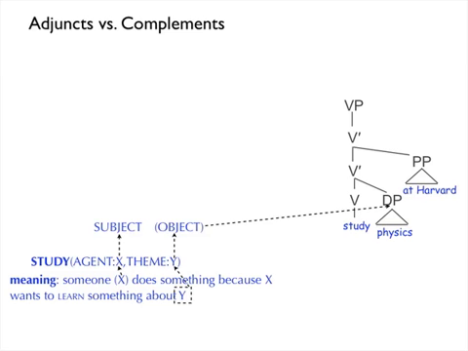We could say that they have roles like agent and theme, the semantic roles. And the things that have semantic roles with respect to a verb are the things that are going to be its complement. Complements are not necessarily obligatory, because you could also say, I'm going to study at Harvard, couldn't you? But the complements are things that have that sort of relationship.